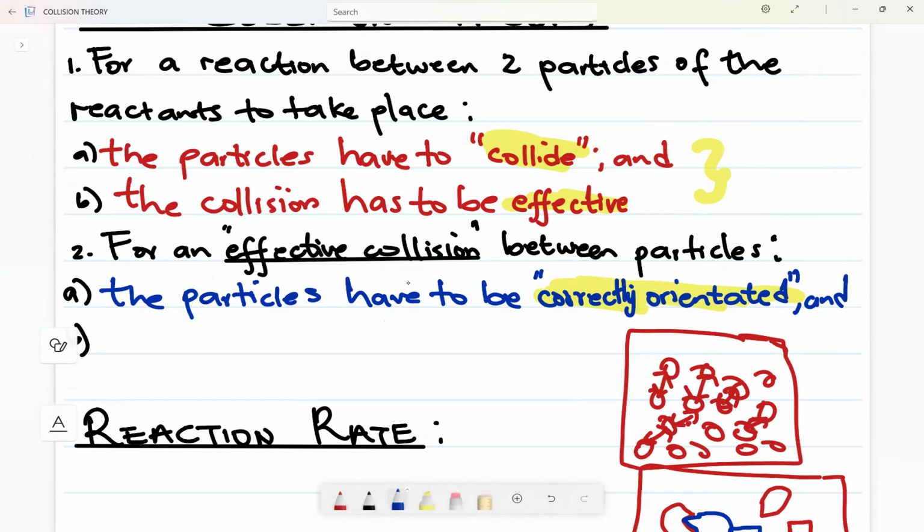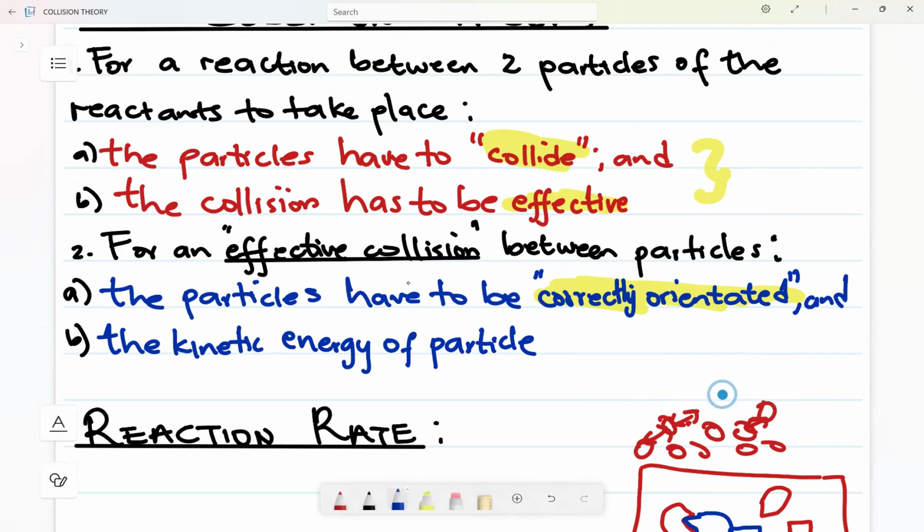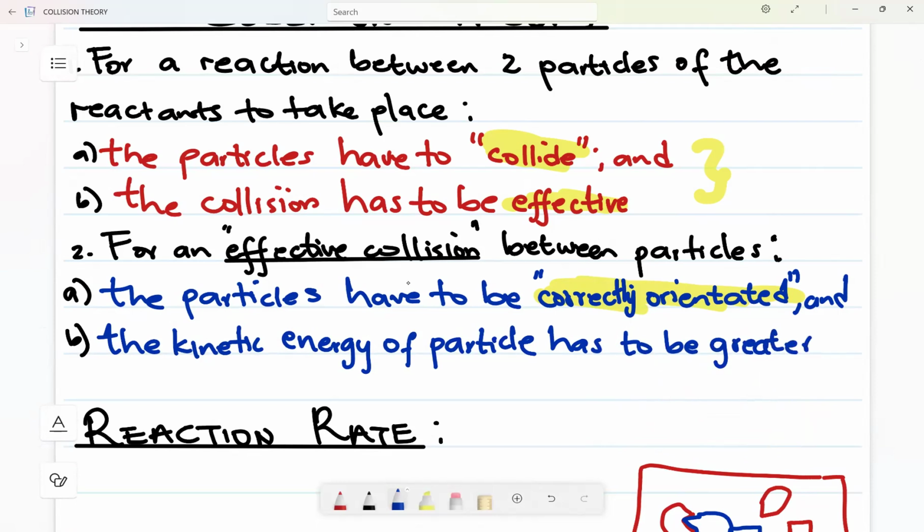And now the second one, we need the kinetic energy of the particles to be greater or equal to the activation energy.